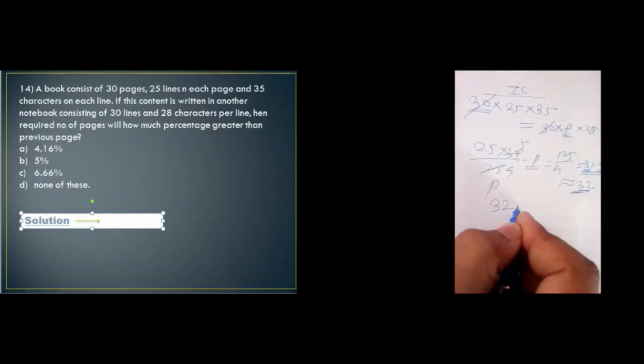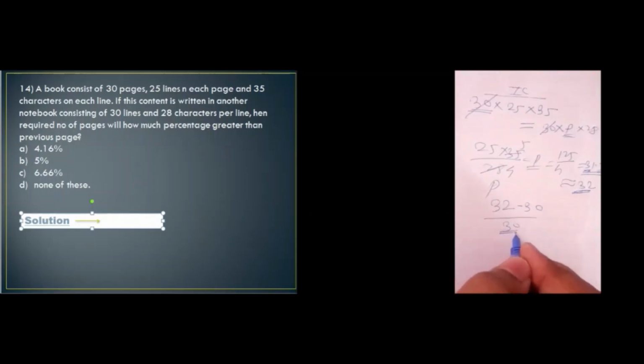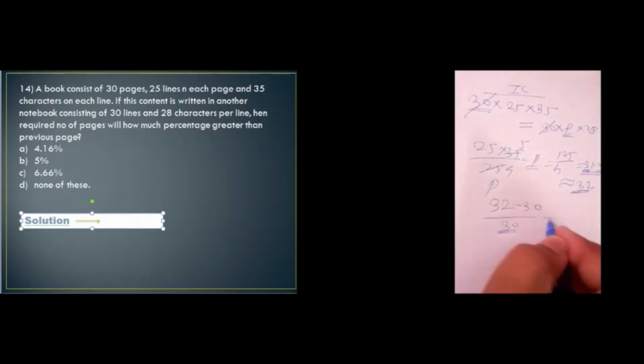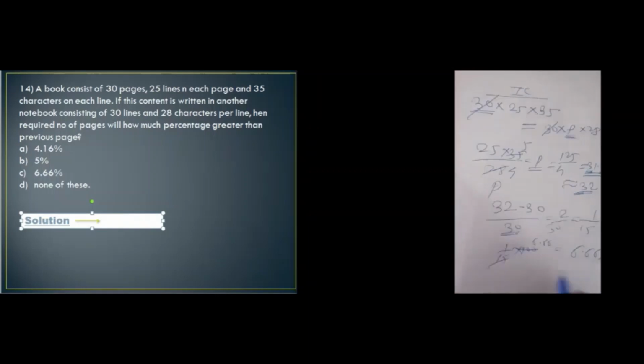So new pages are 32, old pages are 30, and the base value is also 30, which means we are comparing with respect to the old number of pages. So 32 minus 30 by 30 is 2 by 30, which is 1 by 15. When we calculate it as a percentage, it is 6.66%, and the option is C. So option C is the correct option.